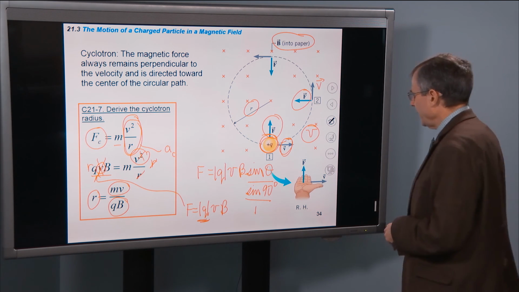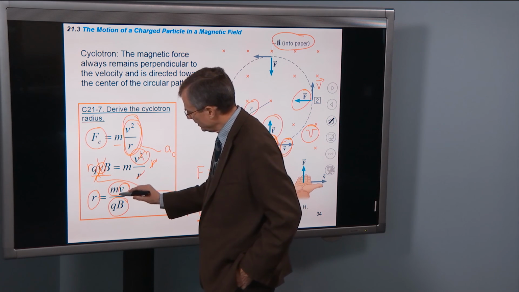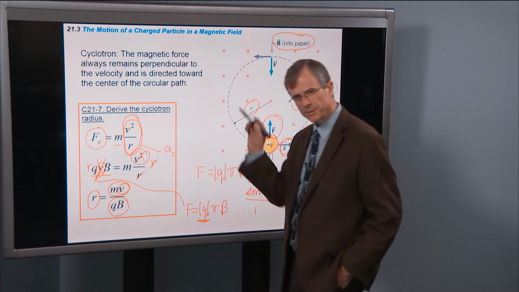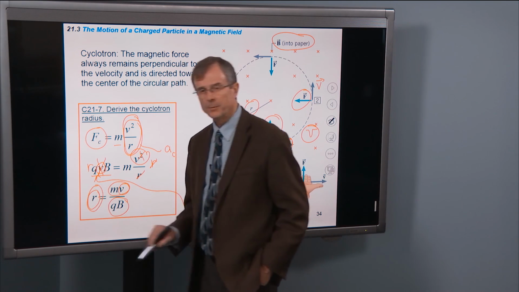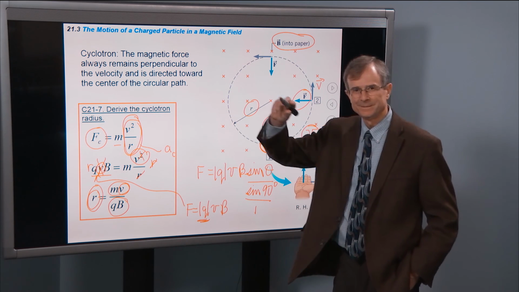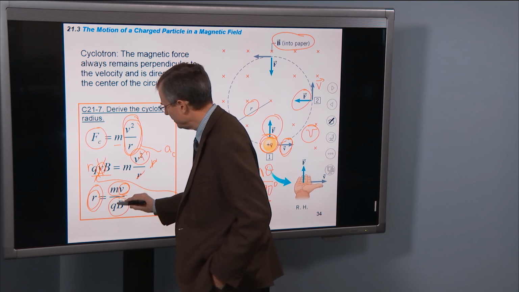Well, what does it say? It says that the higher the speed, the faster this particle is moving, the bigger the radius is going to be. What about the magnetic field?